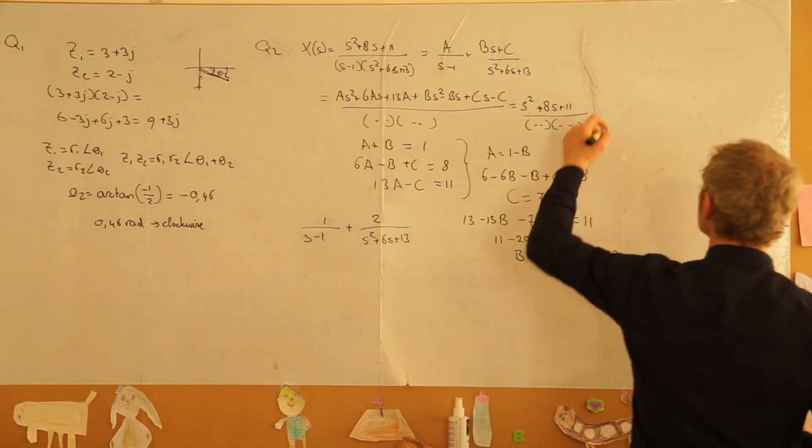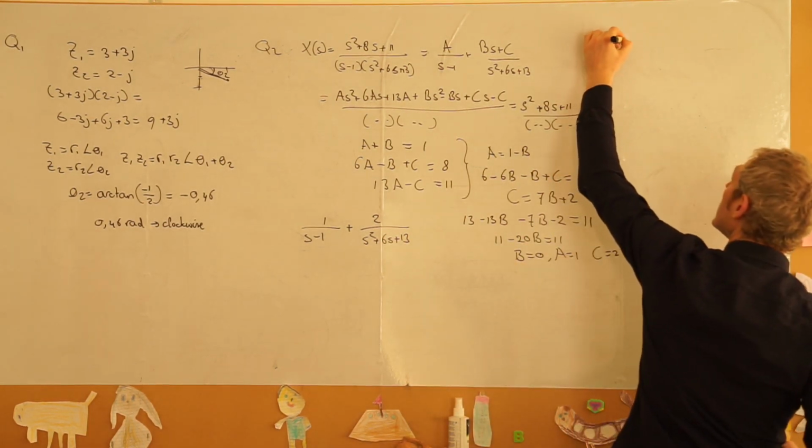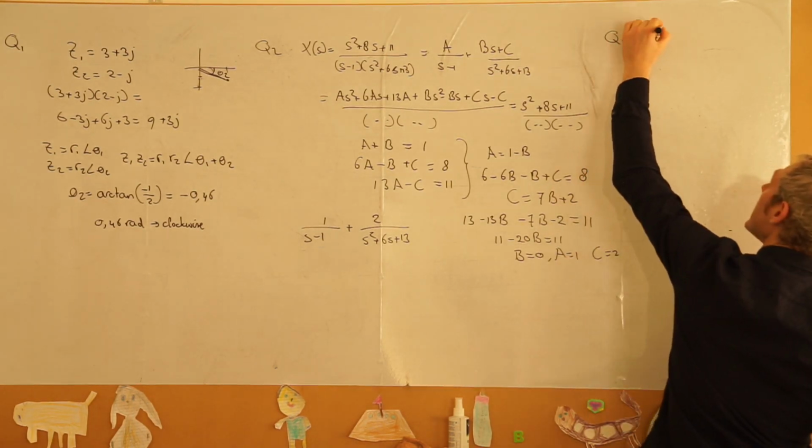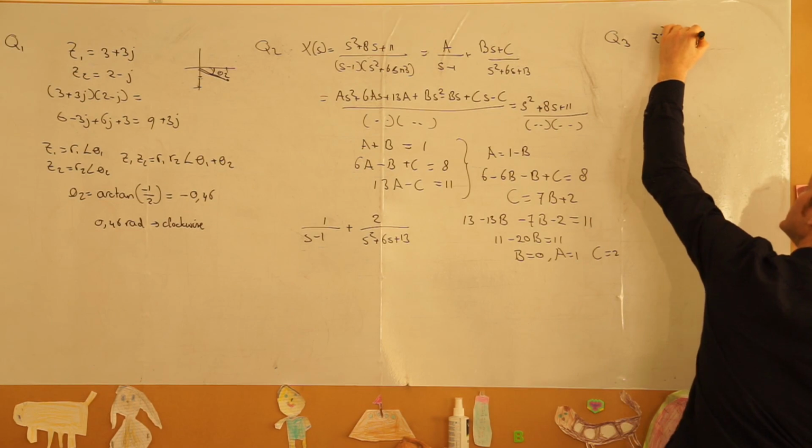Question 3. We have that Z to the power of 3 is equal to 27.